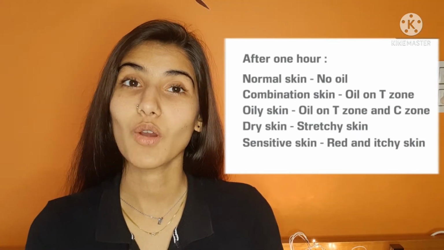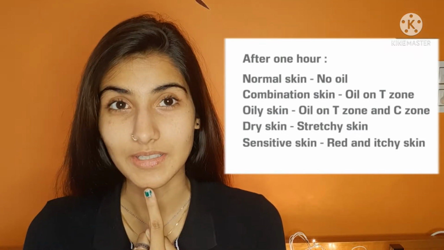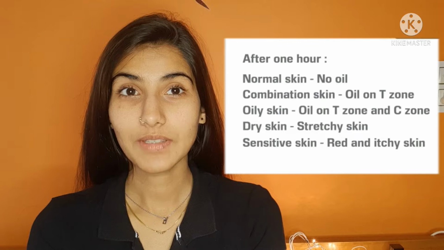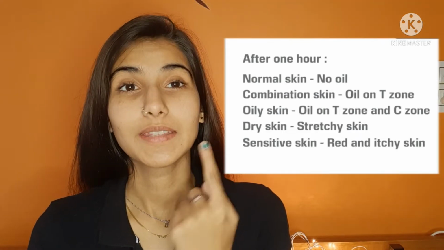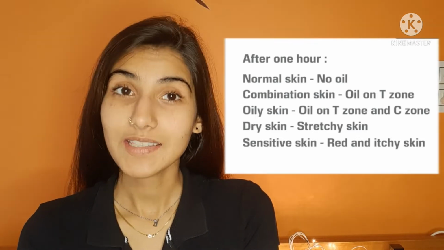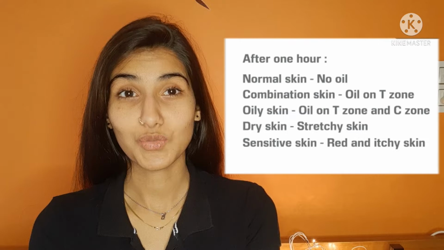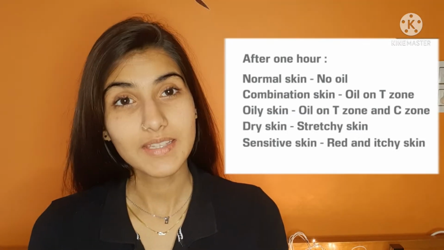If you have oil in the T zone, you tend to have combination skin. If you have oil on your T zone as well as your C zone, you have an oily skin type. And lastly, if your skin feels stretchy after washing your face, it's dry skin.